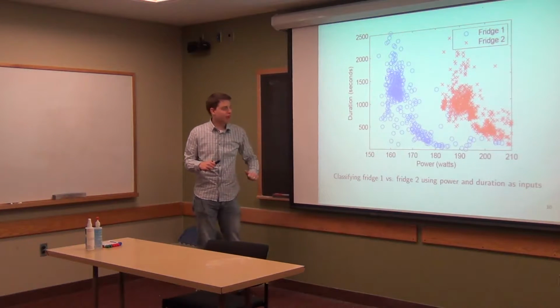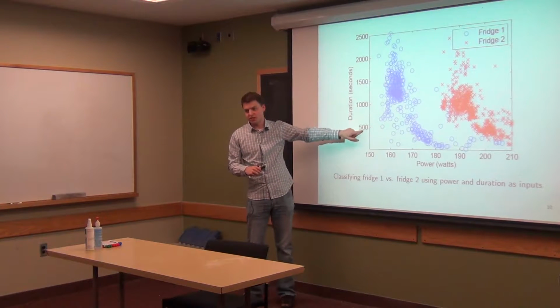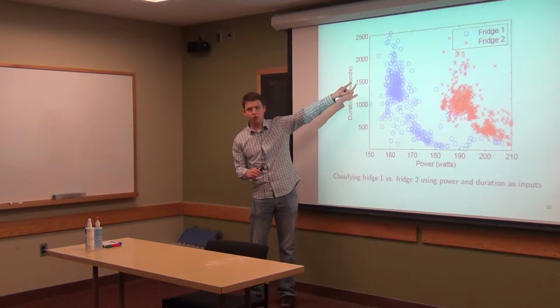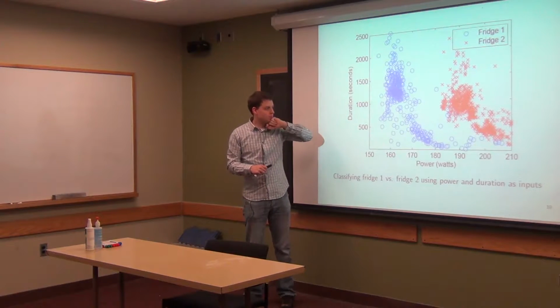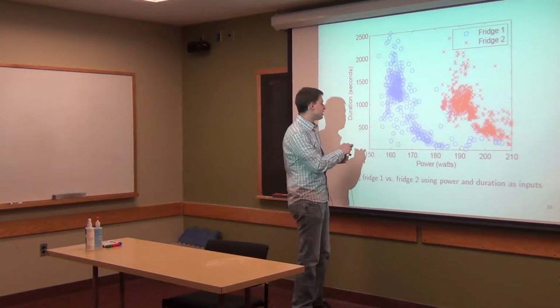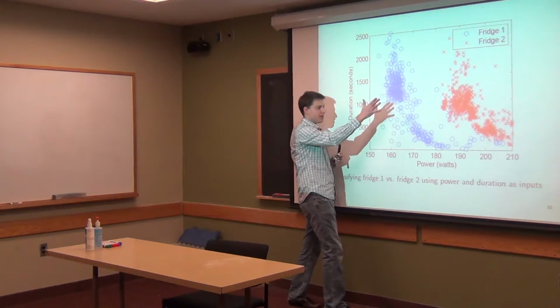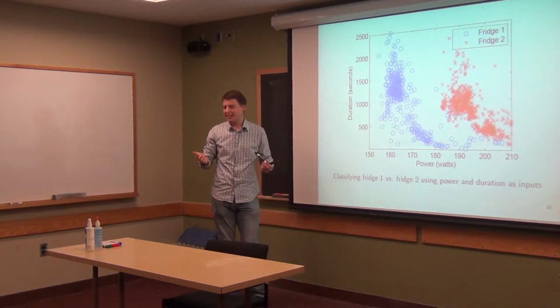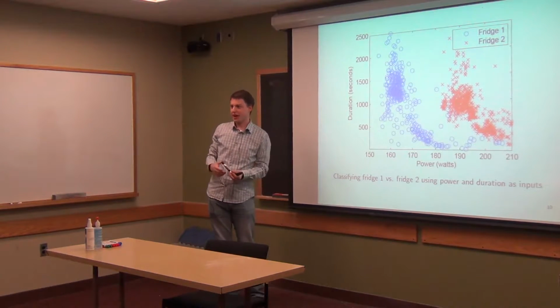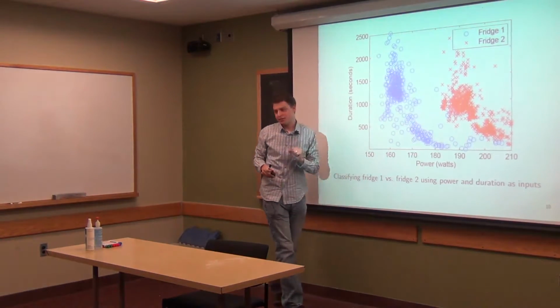But I'm also now showing as the y-axis the other input feature, which in this case is duration, how long something's on for. The z-axis here would implicitly say that these ones would be at the 1 level and these at the -1 level. We don't really need to do that because they're different colors. So we can view these ones as being -1 and these ones as being +1.